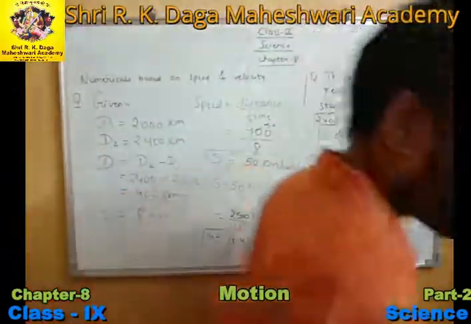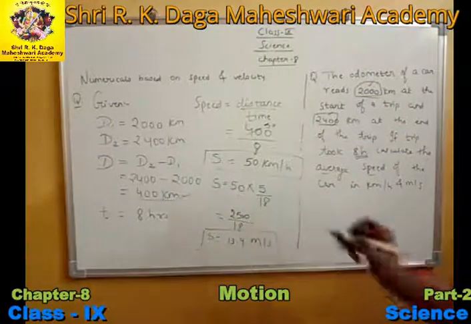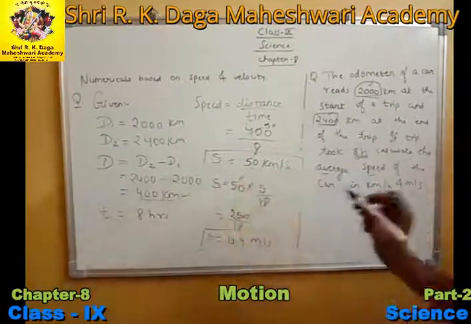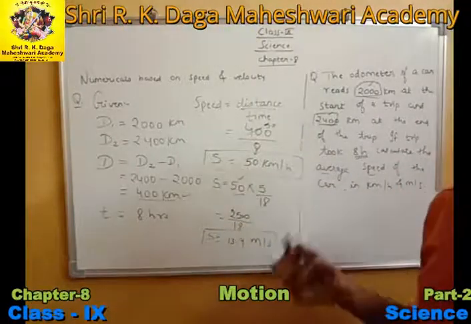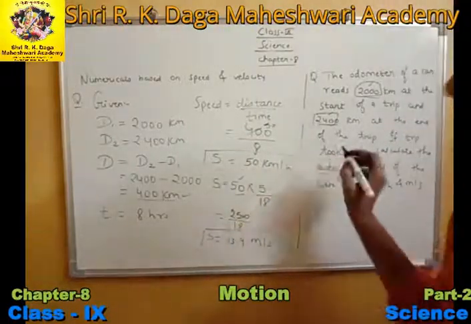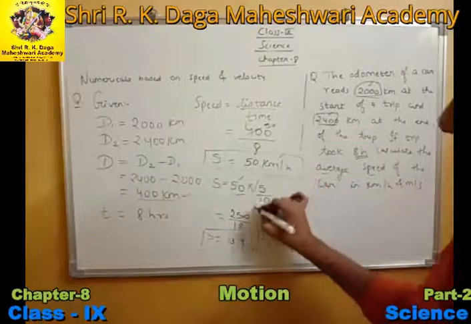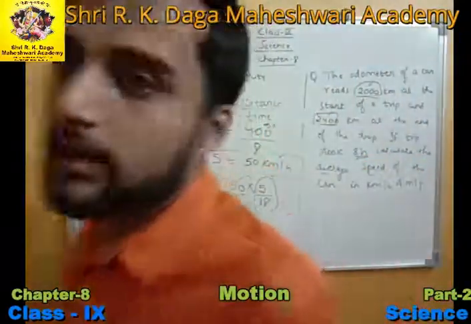I hope the question is clear to all of you. We converted this 50 kilometer per hour into meter per second, by multiplying it with 5 by 18.